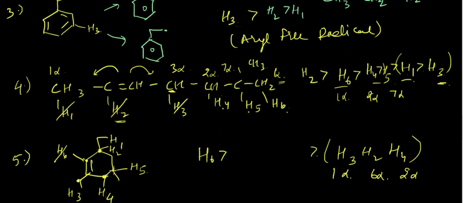You can count them, 1 here and 1 here. So their ordering would be: H3 would be the highest, then comes H4, then H2.